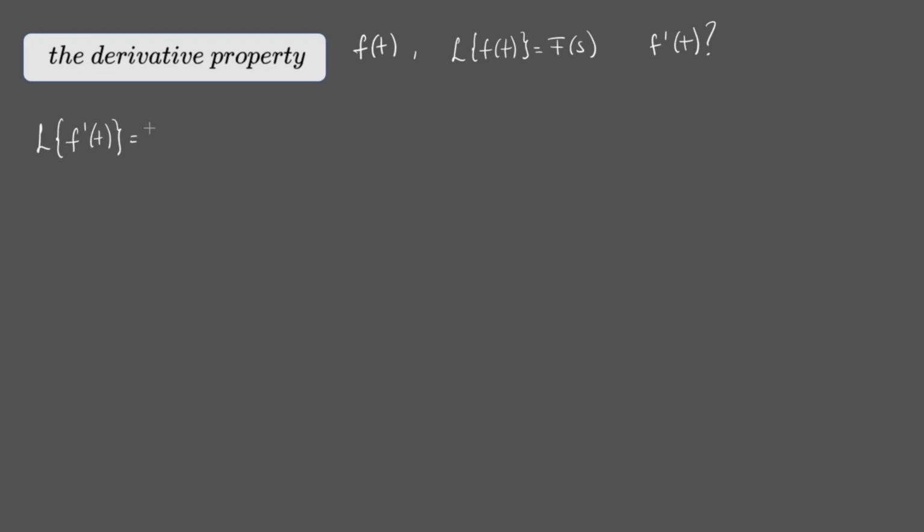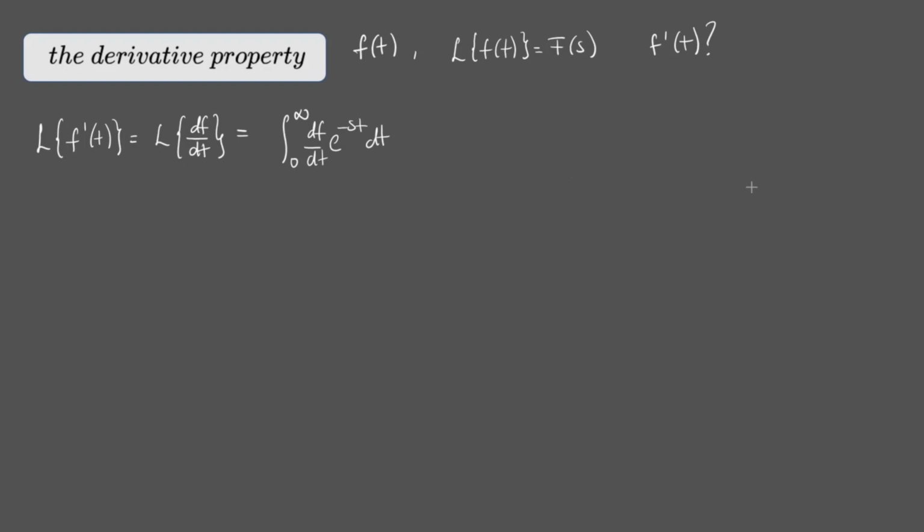Let me write it as df/dt. We know how it's done. Throw everything into our integral: 0 to infinity of df/dt times e to the negative st dt.